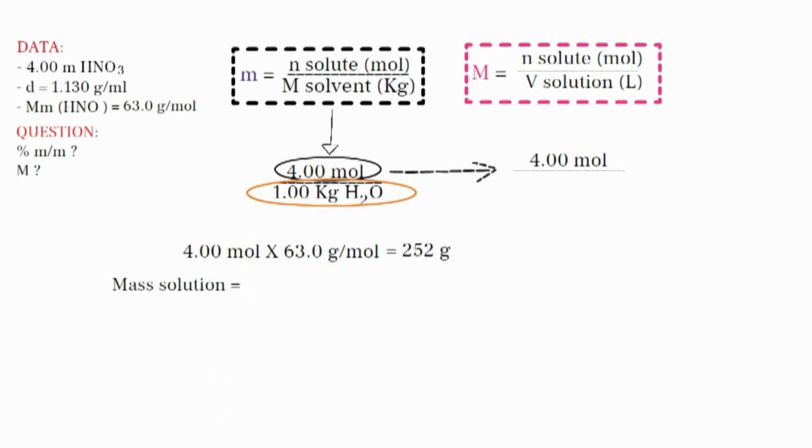We know the mass of solution, and it's 1252 grams. So what we have to do is to convert the mass of solution into the volume of solution. How can we do that? We can do that using the concept of density.